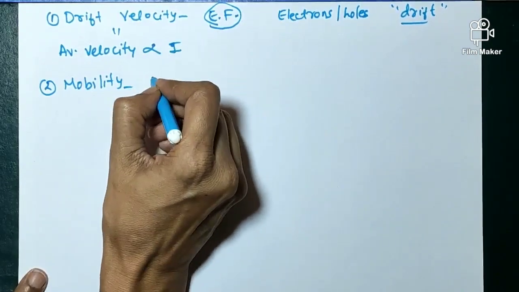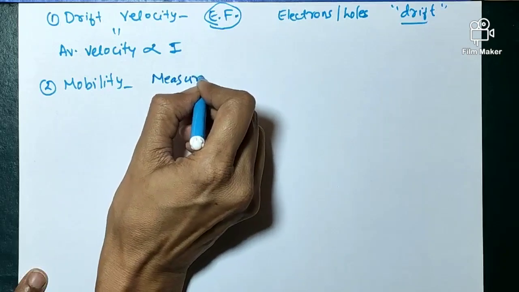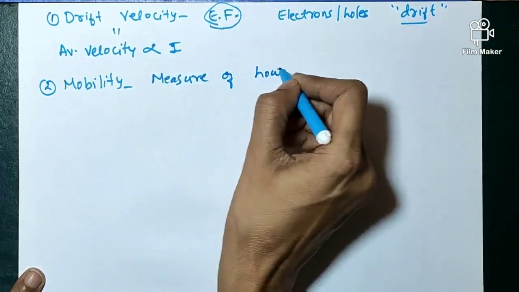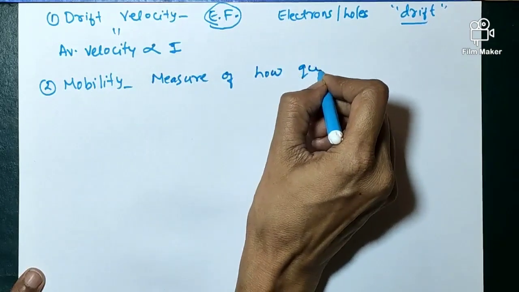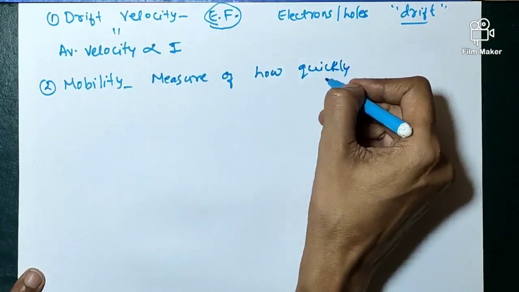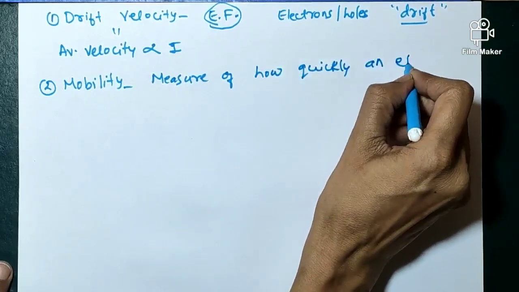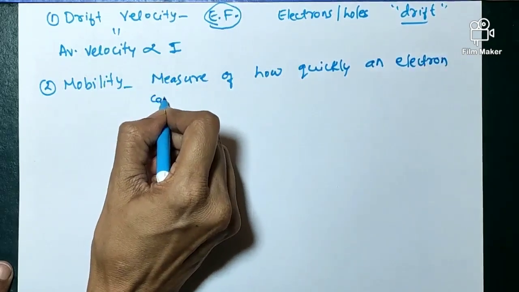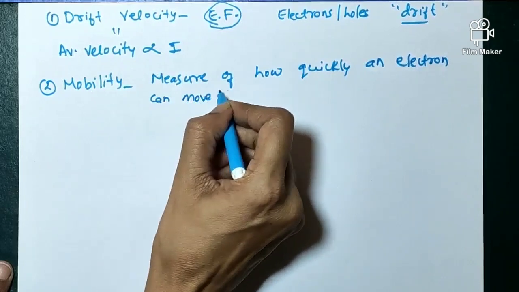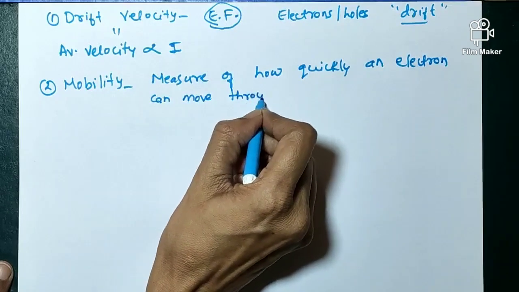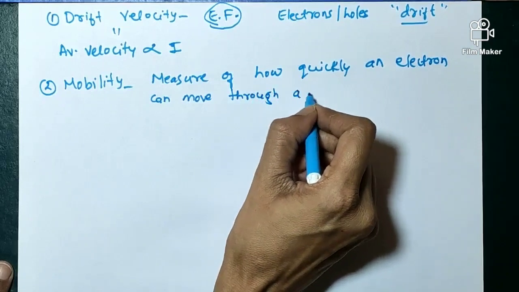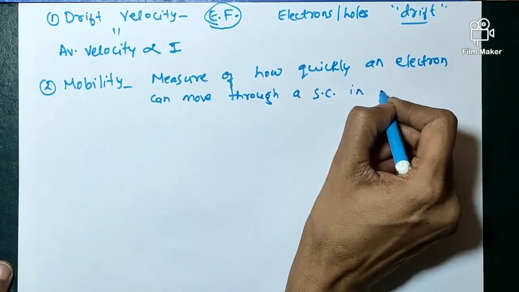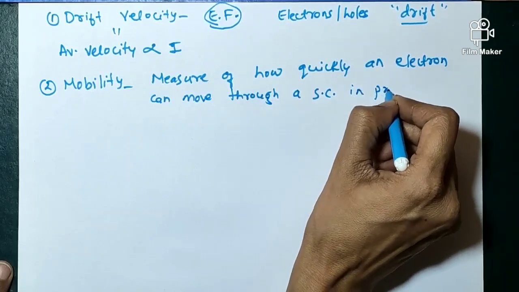So it is a measure of how quickly an electron can move through a semiconductor material, and this should happen in the presence of the electric field.